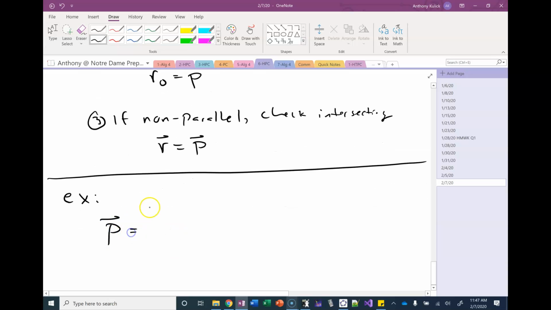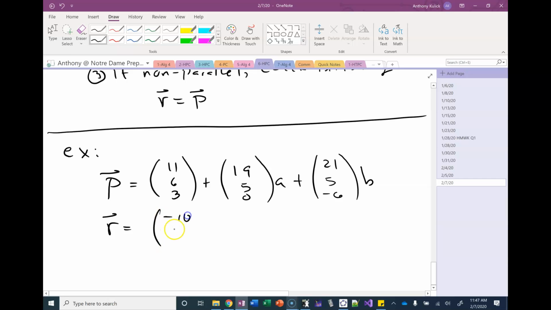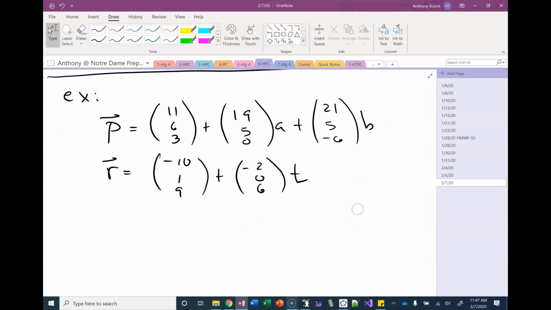So let's say our plane vector is 11, 6, 3 plus 19, 5, 0, A plus 21, 5, -6, B. And our line vector is -10, 1, 9 plus -2, 0, 6, T. Everybody okay with this so far?